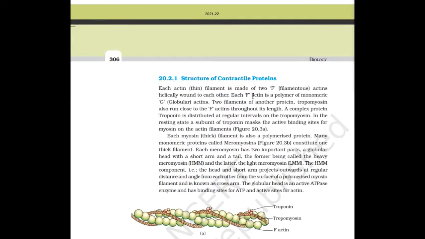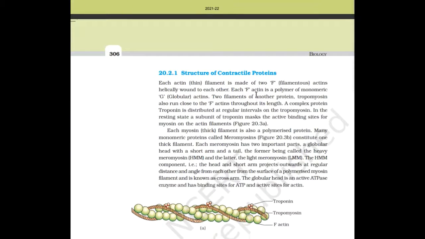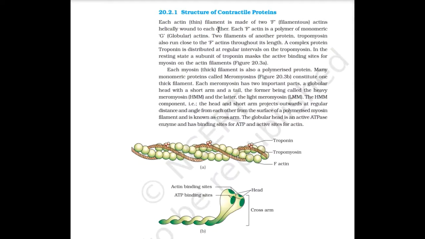Let us see the structure of contractile proteins. Each actin thin filament is made up of two F, filamentous actin, helically wound to each other. Each F actin is a polymer of monomeric G, globular actin. Two filaments of another protein, tropomyosin, also run close to the F actins throughout its length.